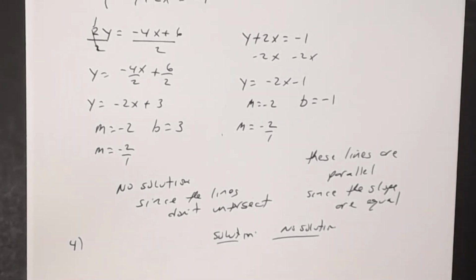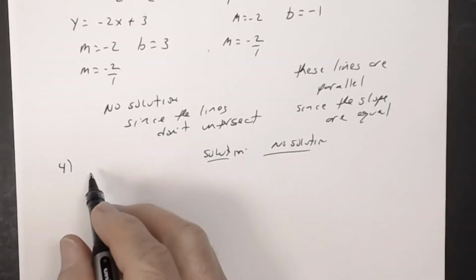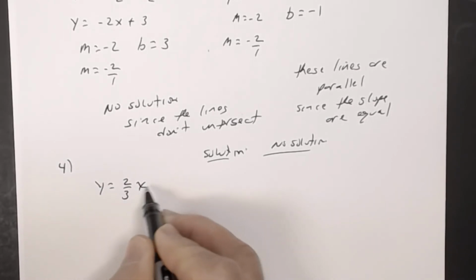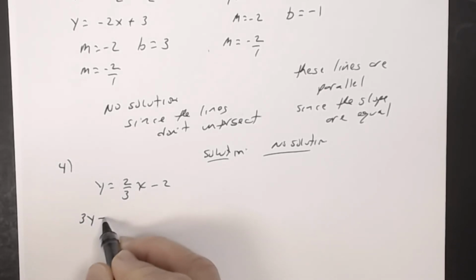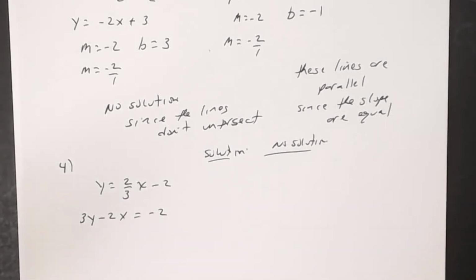Let's suppose in number 4 we had these two equations. y equals 2/3 x minus 2, and the other one is 3y minus 2x equals negative 2. All right?